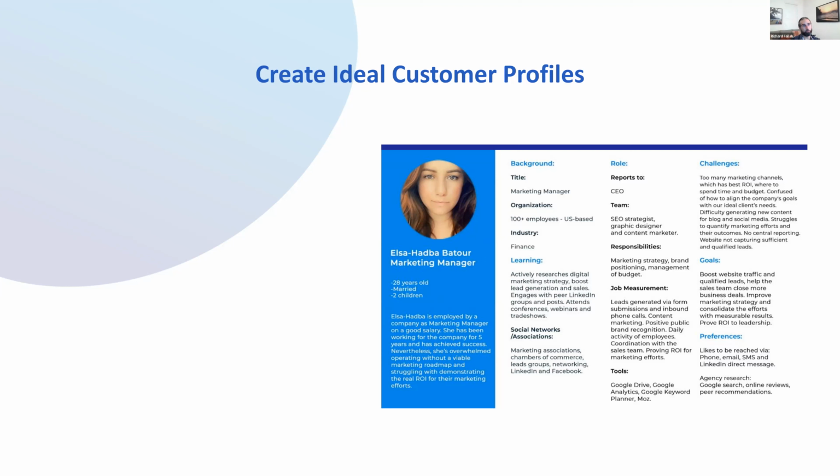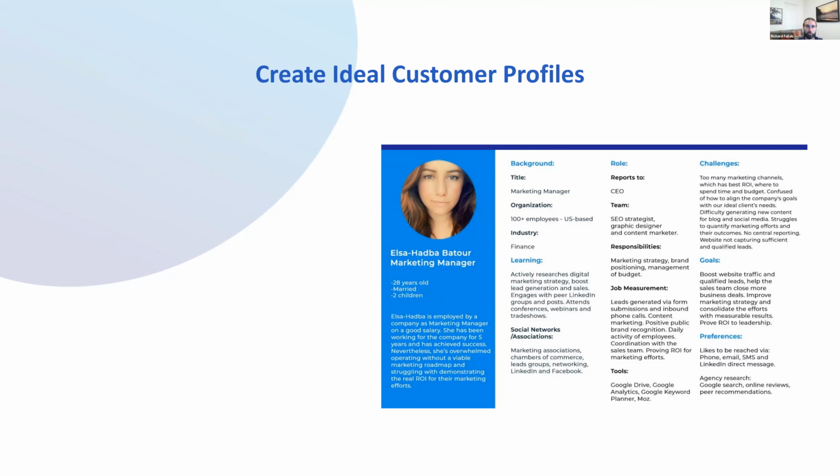So this customer profile, like this one, for instance, the title is a marketing manager. So now you know if somebody filled out the form in the explicit format and they answered marketing manager, that could be scored higher. The organization is 100+ employees and the industry is finance. If this is your ideal customer, and you can have multiple, then obviously you can build your scoring around it.